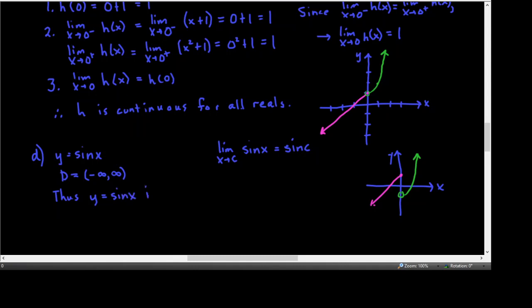Because it's continuous on its domain, is what that implies. The statement, the limit as x approaches c of sine of x equals sine of c, implies that it's continuous on its domain. And its domain is all real numbers, so on the interval from negative infinity to infinity.